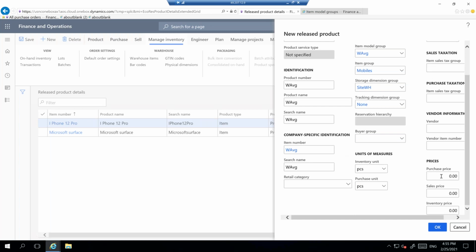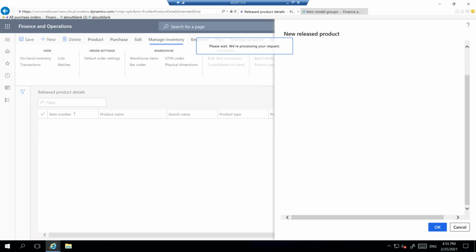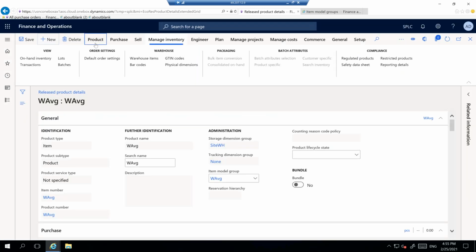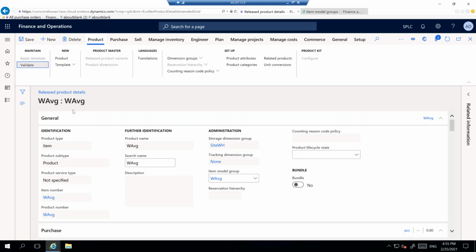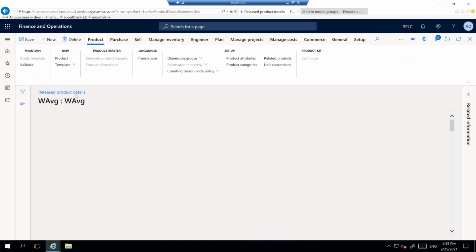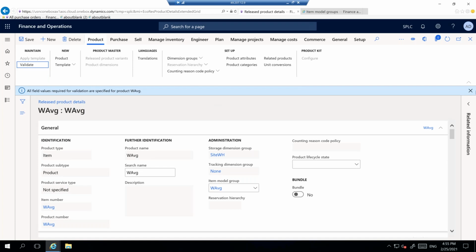Purchase price I don't want to enter here; I will enter it in the transaction. If you click validate, it should be okay, because everything required we have mapped.